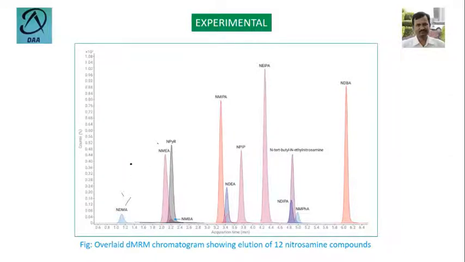This is the 1, 2, 3, the small one 4, this one 5, 6, 7, 8, it is 9, this one is 10, this small one 11, and this is the 12. So 12 nitrosamine compounds we found in these chromatograms.